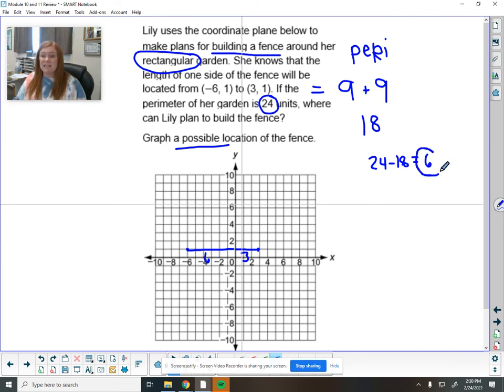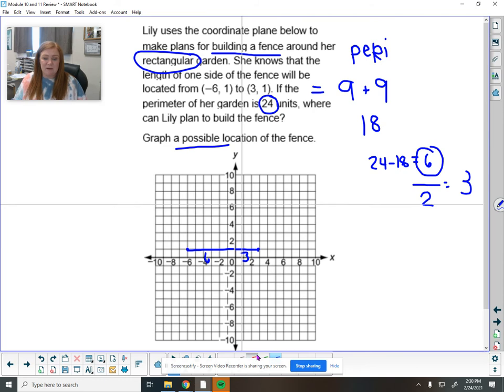But now remember, this 6 is not just the answer. We've done 2 sides so far, but a rectangle has 4. If you just do 6, that's going to make a triangle. We need to take 6 and divide it into the 2 other sides of our rectangle. 6 divided by 2 is 3.